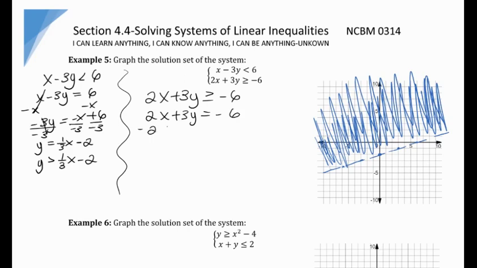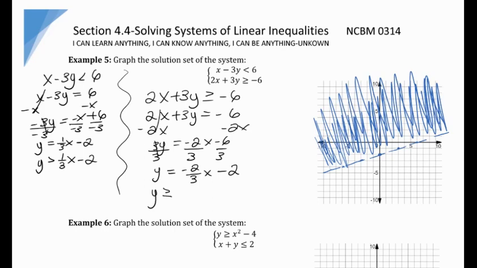So we subtract 2x on both sides. We have 3y equals negative 2x minus 6. Divide everything by 3. So that's y equal to negative 2 over 3x minus 6 divided by 3, 2. We did not divide by a negative, so the sign stays the same. So this is greater than or equal to negative 2/3 of x minus 2.